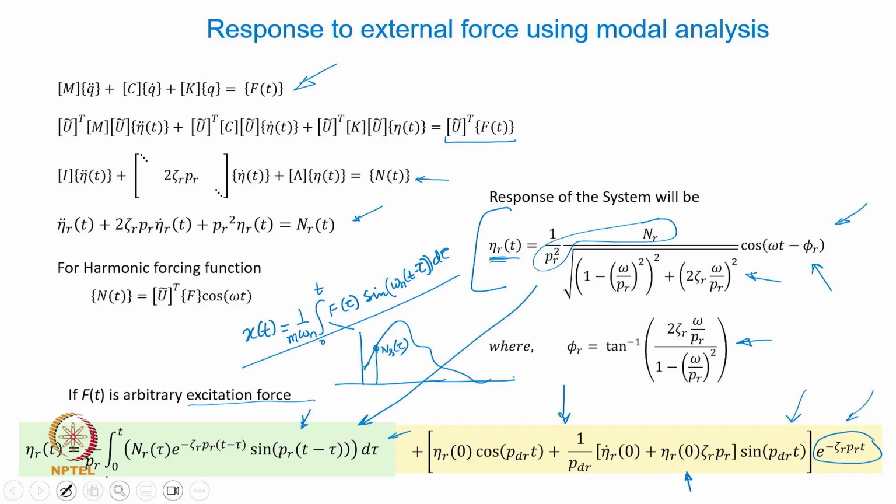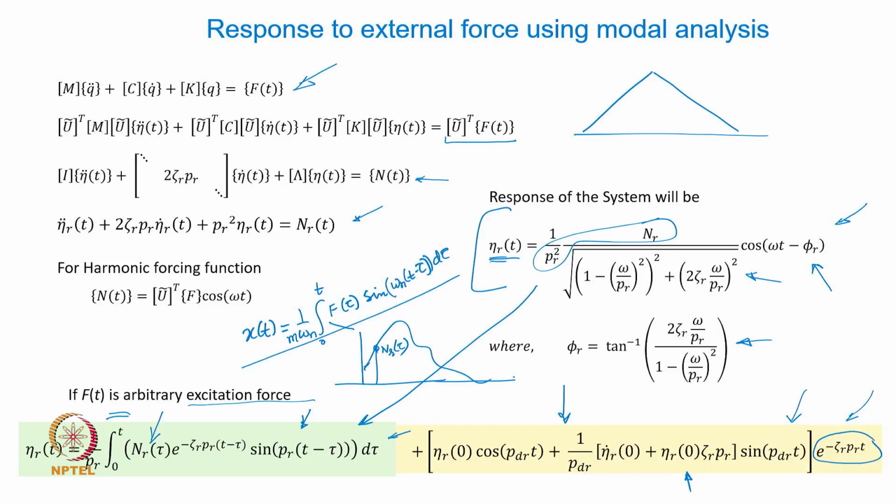Now, the question again is how do you account for this integral sign? You may notice that if eta r of tau can be expressed in the form of a mathematical function, then the integral can be solved and you get a closed form mathematical equation which you can evaluate for each time.